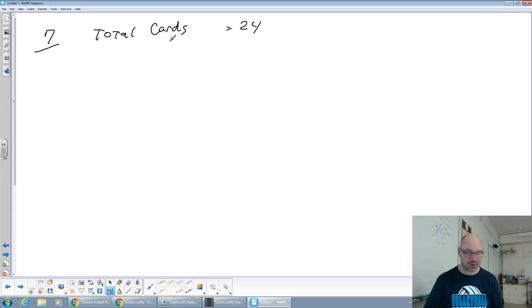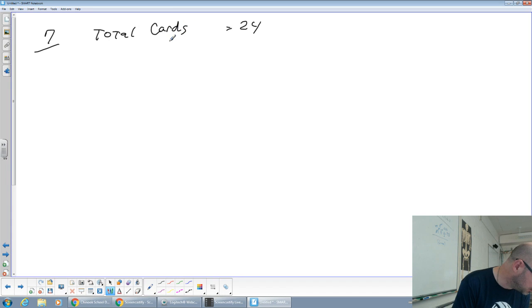All right, so this gets a little bit challenging. Then it says they have a 9, 10, Jack, Queen, King, and an Ace. So that's 6 cards per suit. Then it says each player is dealt 5 cards. Determine the probability that a dealt hand will contain the following. So we're dealing hands.